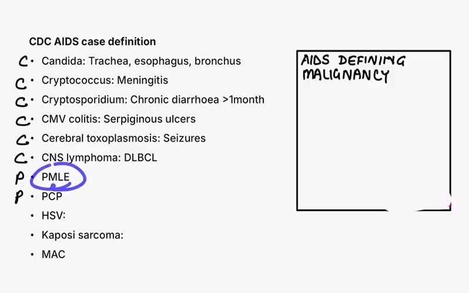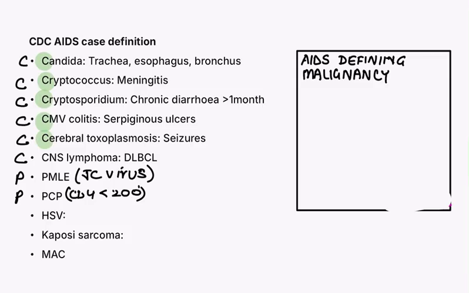Then comes PML, which is progressive multifocal leukoencephalopathy, and that is associated with a virus that is known as JC virus. Thereafter, we have Pneumocystis carinii pneumonia, which is possible only when the CD4 count falls less than 200. So if you noticed, all the infections that you have read with C up till now have come over here. Then in P you had PML and PCP, and then you have 3 miscellaneous infections like herpes simplex virus.